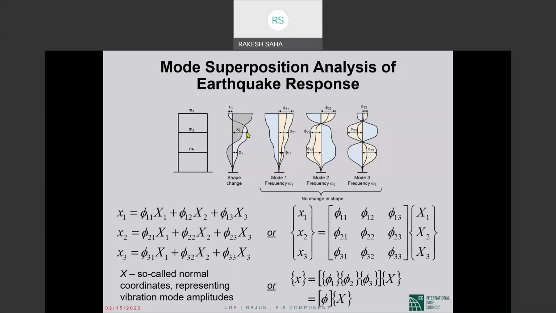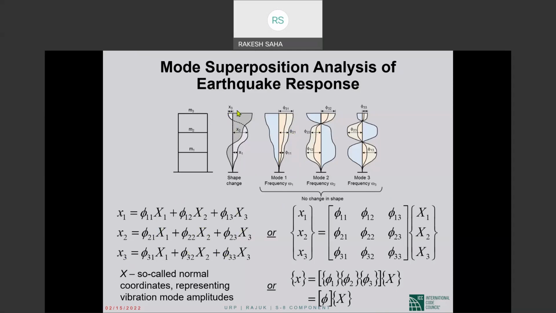X2, the displacement at level 2, likewise is phi 21, okay? The modal amplitude at the second floor level when it is the first mode deformation, phi 21, multiplied by the same X1 as before, phi 22 multiplied now by the same X2 as before, and phi 23 multiplied by the same X3 as before.